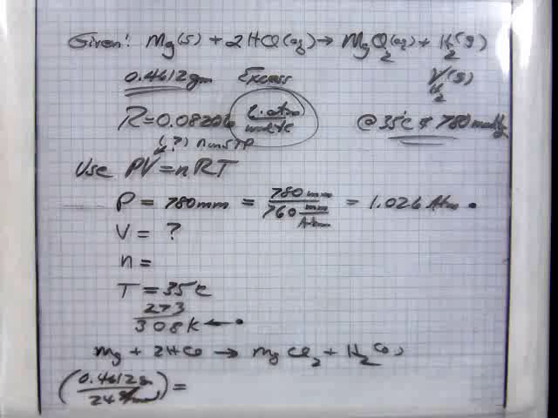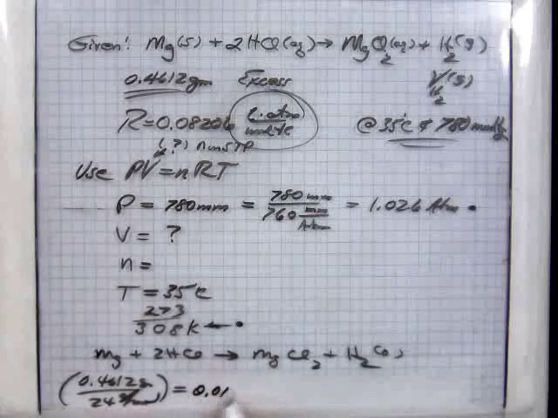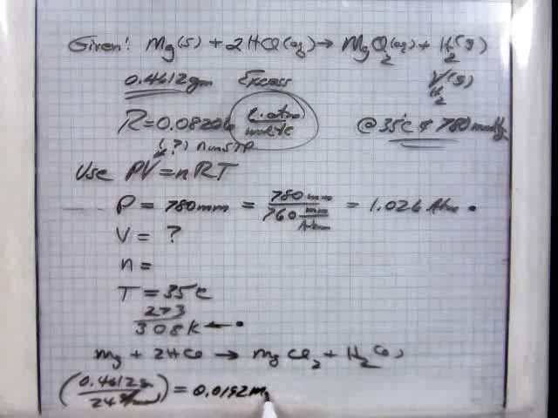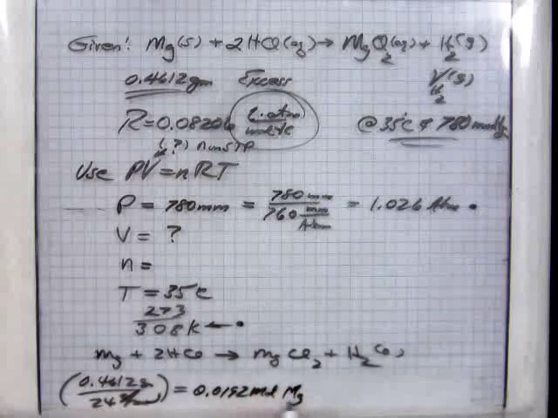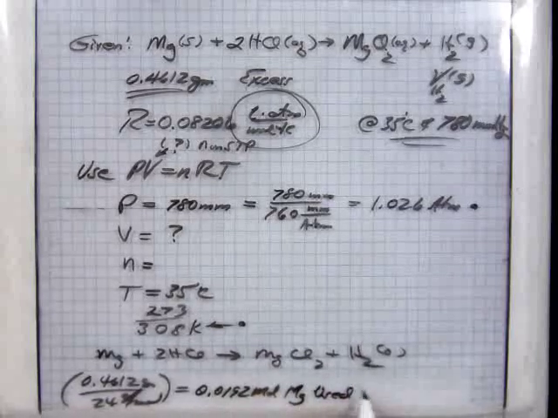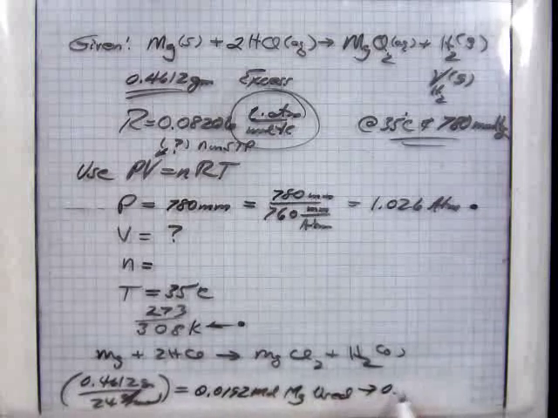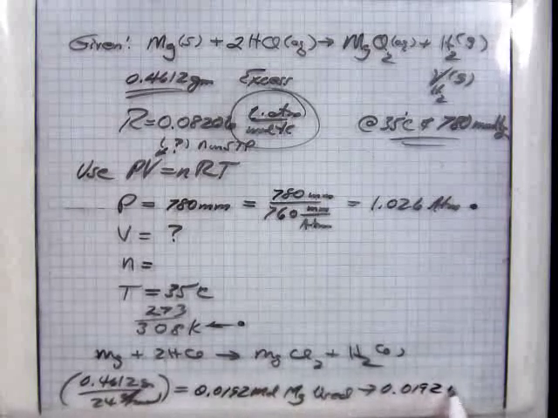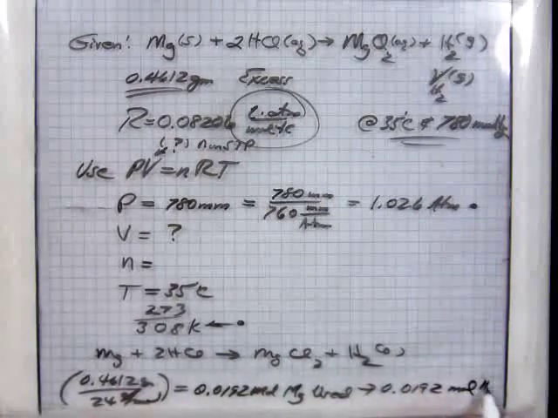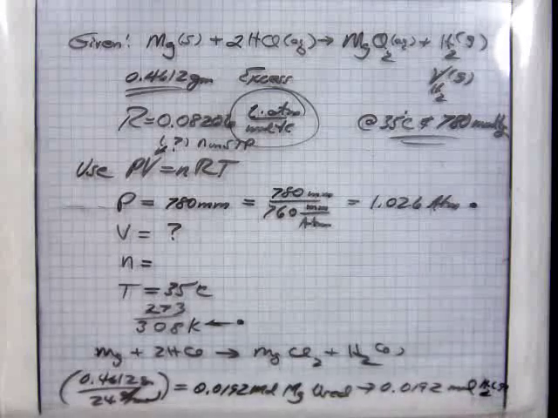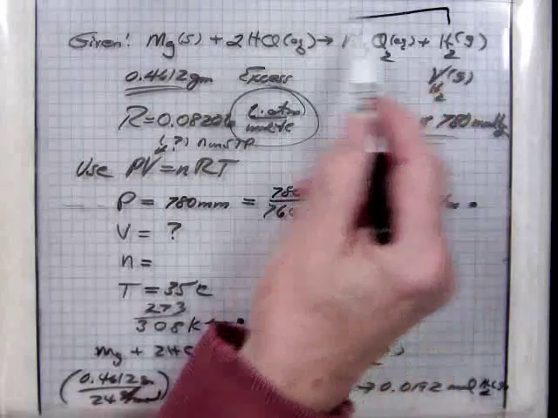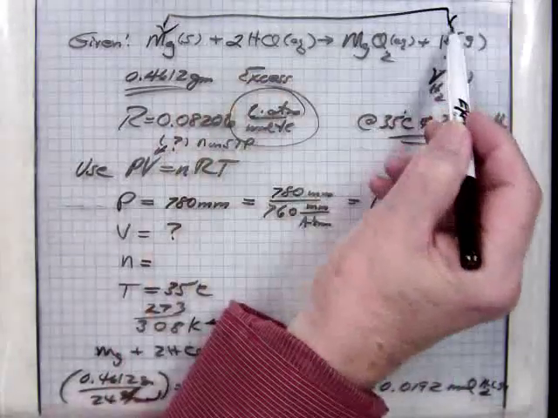4.612 divided by 24.3, I get 0.0192 mole of magnesium used to produce 0.0192 mole of H2 gas, because it's a 1-to-1 reaction ratio.